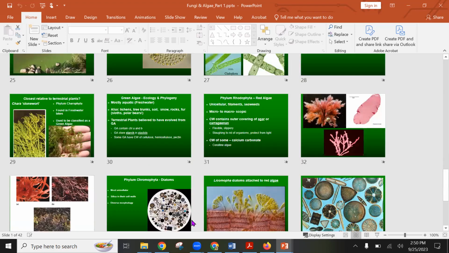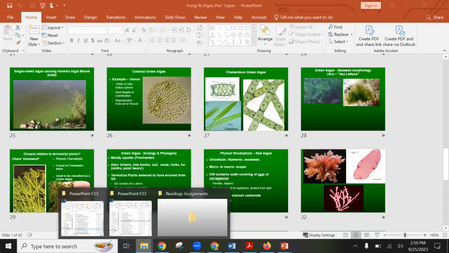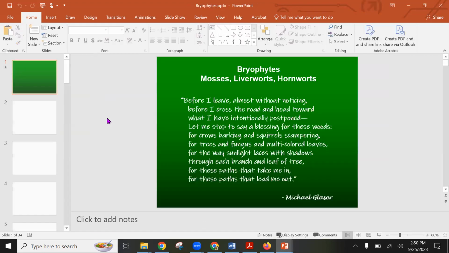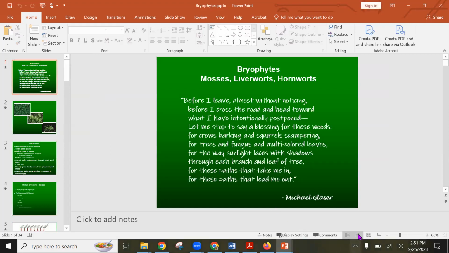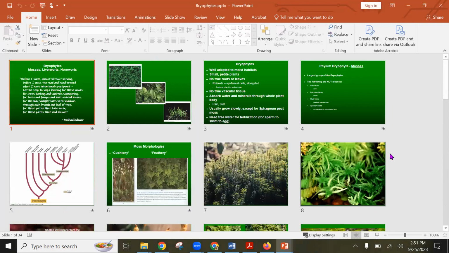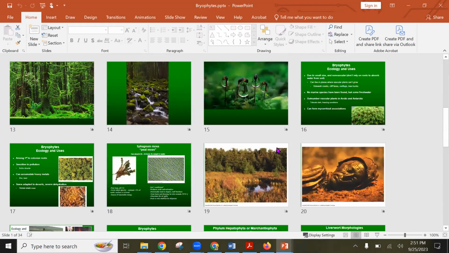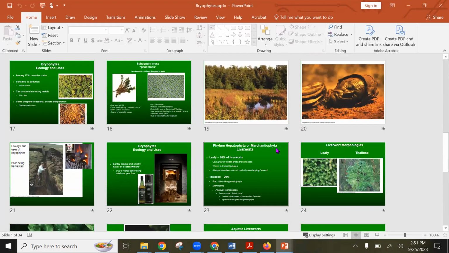Those will show up. And then with the bryophytes, there are 3 different phyla in there too, and we were looking at who belongs in each of the phyla. So knowing that the bryophytes are the mosses, and the hepatophytes are the liverworts.